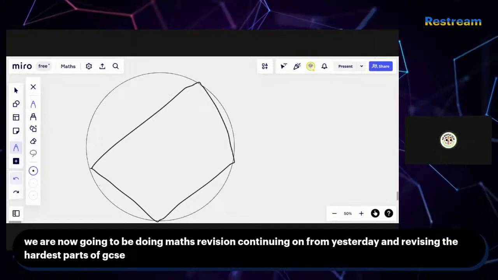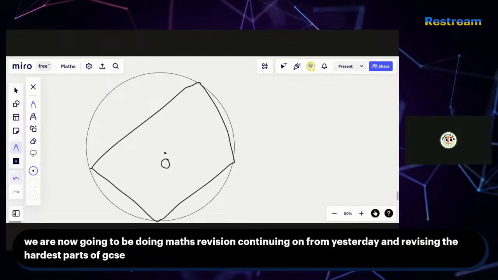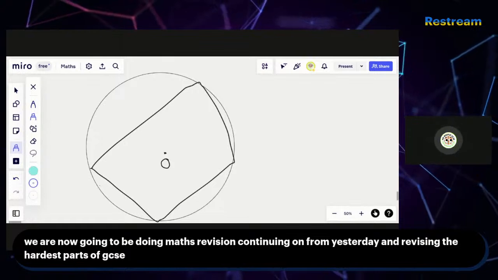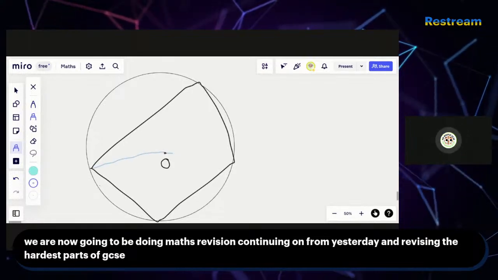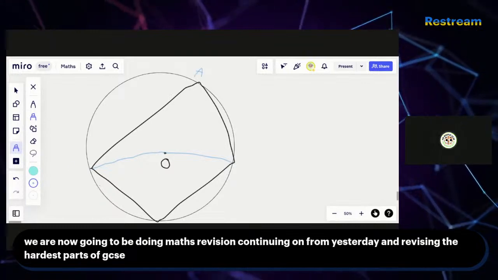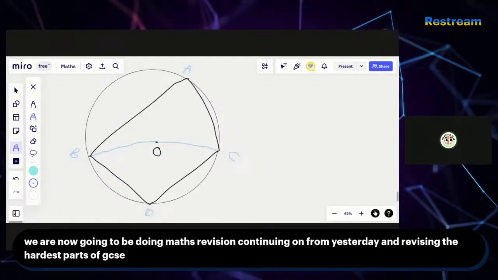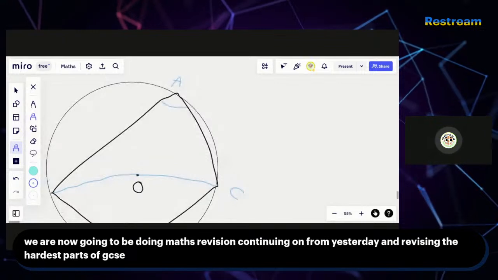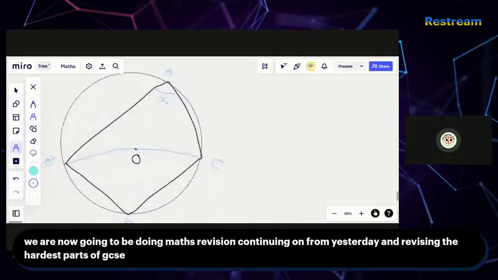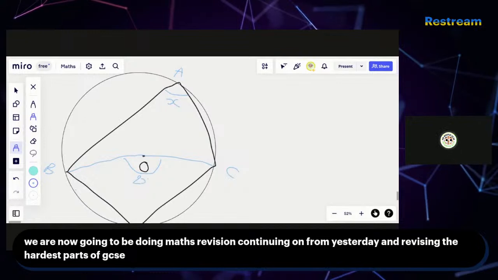Now let's prove this. So the center is here. Let's say the origin is there. So what we're going to do is draw two lines, a line from here to there and a line from there to there. And let this be A, B, C, and D. Now what we're going to do is say, let this angle BAC equal x. Now BOC must equal 2x.